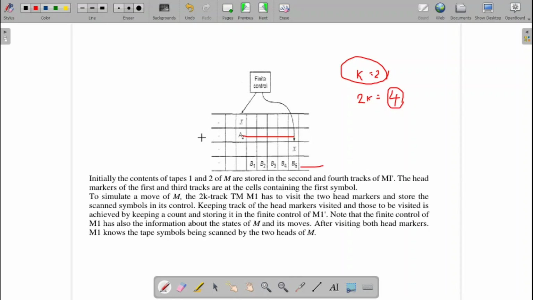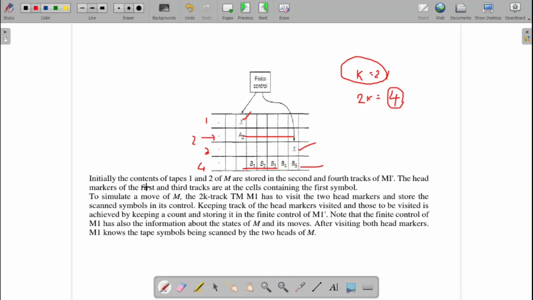The even tracks, track 2 and track 4, have my data: track 2 has the data of A, and track 4 has the data of B. Then track 1 and track 3 have the head information, which is an X.